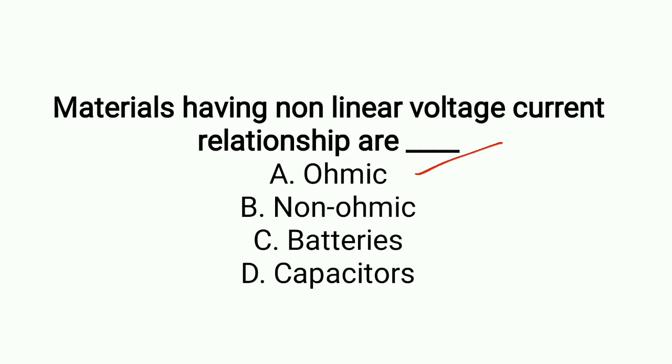Non-linear means it does not obey Ohm's law. So those materials we call non-ohmic. So the answer is B, that is non-ohmic. Batteries and capacitors, you know that one.